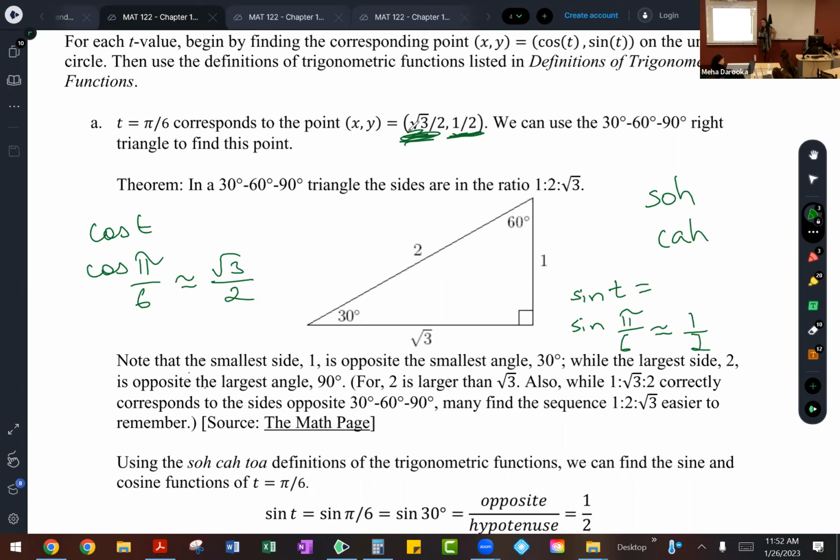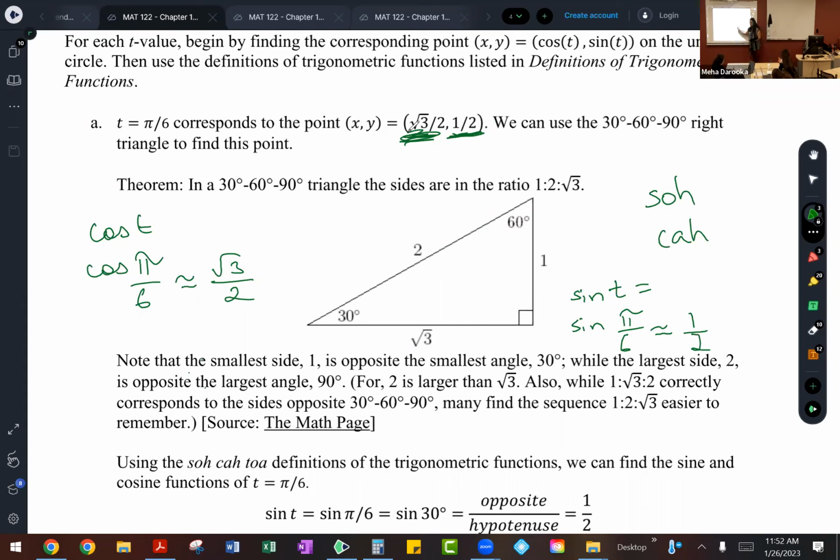So using that idea of SOHCAHTOA, using right triangle trigonometry, is how you are coming up with these definitions over here. If we had to do tangent, you would first have to find your sine and cosine and do it that way.